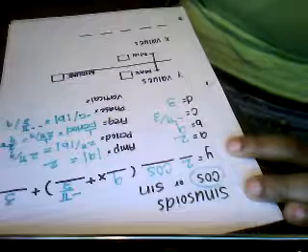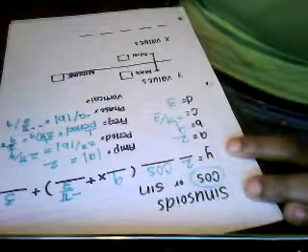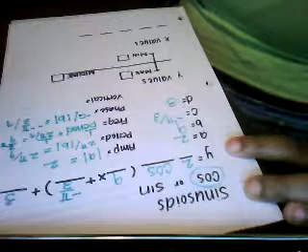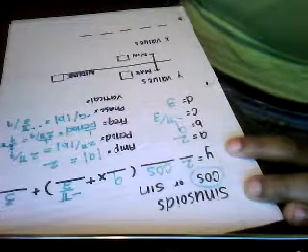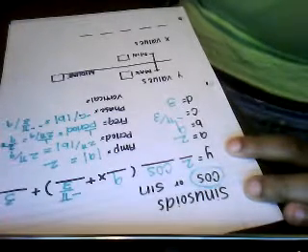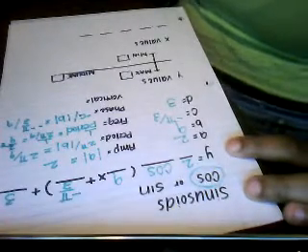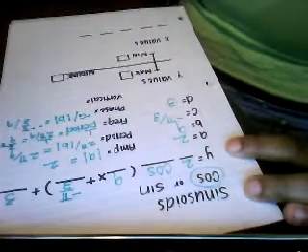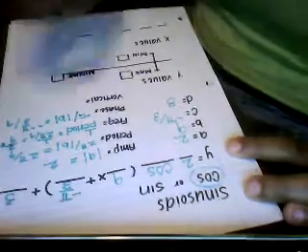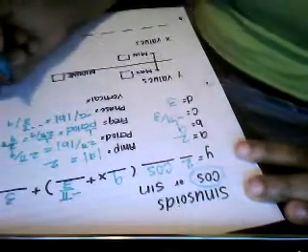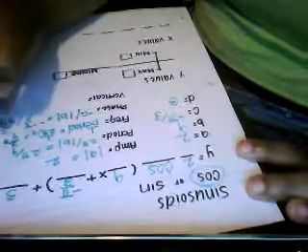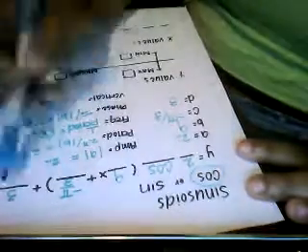Negative pi over 3, oh, I did it wrong. Negative pi over 3 over 9 is 1 over 27, equals 1 over 27, and your vertical shift is always D.